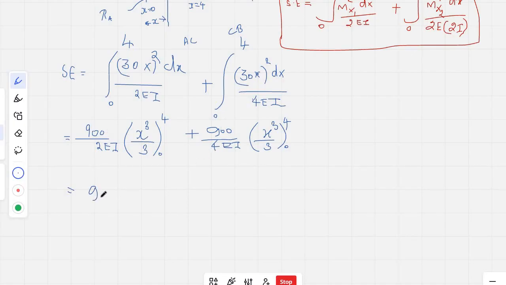So 900 into 4 cube by 3 multiplied by 1 by EI, and inside this bracket you will have 1 by 2 plus 1 by 4.